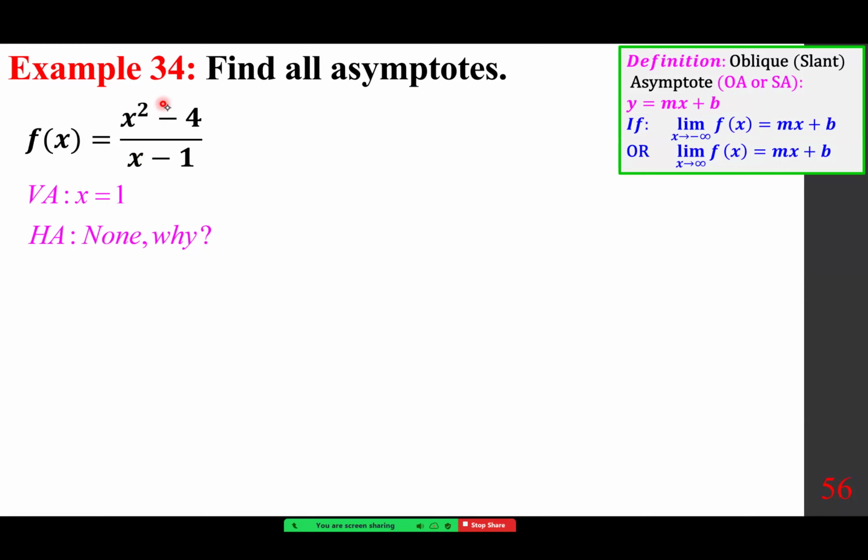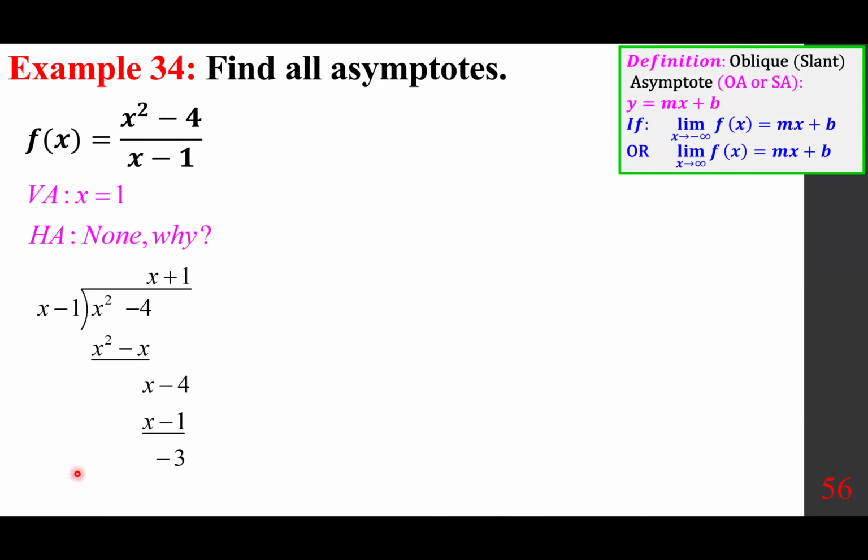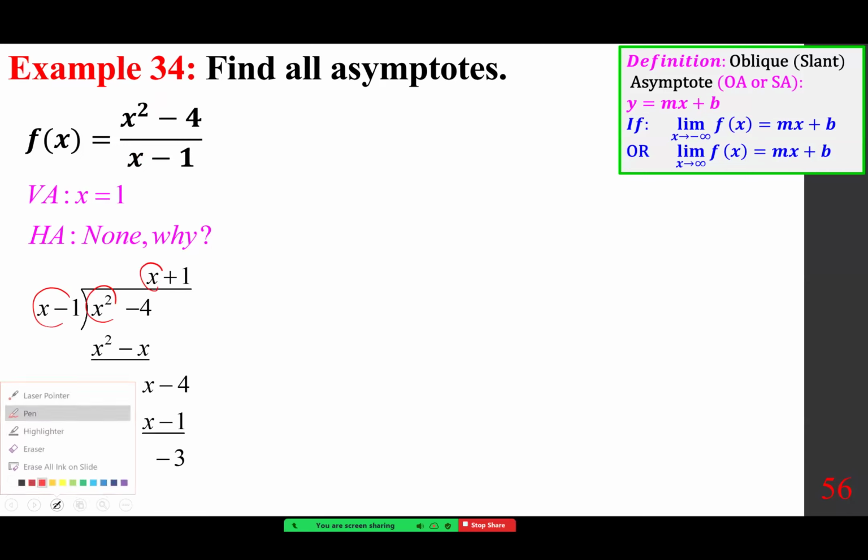We are going to do division. I'm going to assume everybody can do that, but a quick explanation of the long division: you divide the first term by the first term, which gives you x. You multiply x here, you get x squared minus x, and then you change the sign. This is negative, this is positive, because you're subtracting.